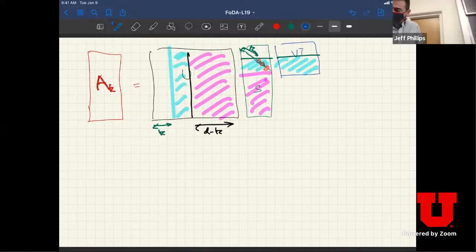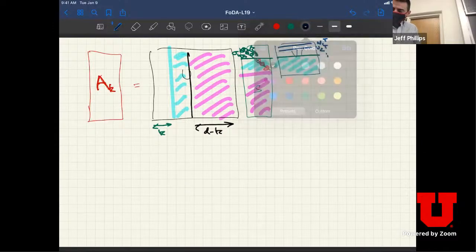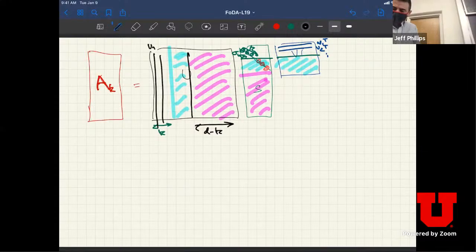So I'm getting here V1 transpose, V2 transpose, and so forth. Those are the top k right singular vectors. I have the top k singular values, sigma 1, sigma 2, and then finally I'm going to get these left singular vectors, U1, U2, and so forth.